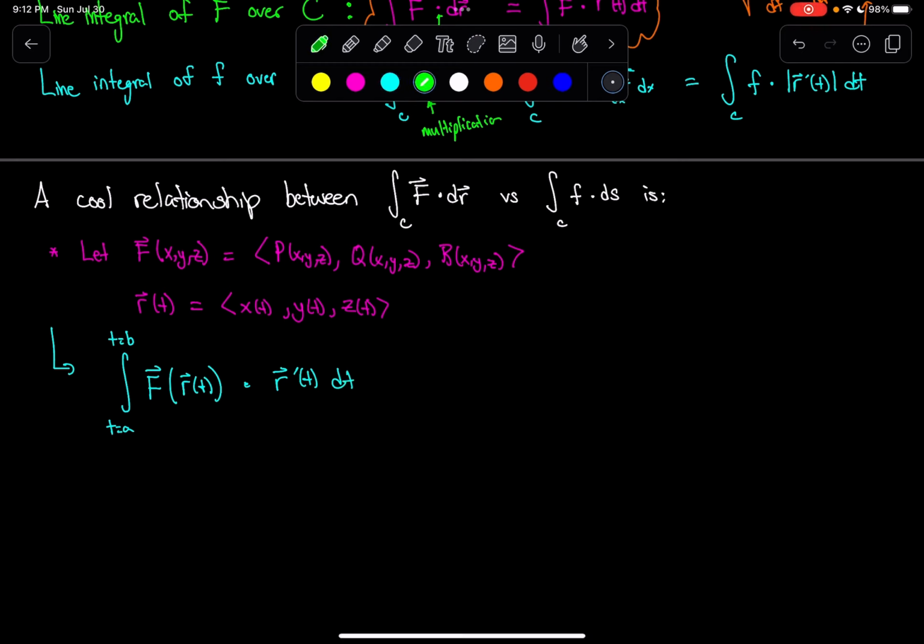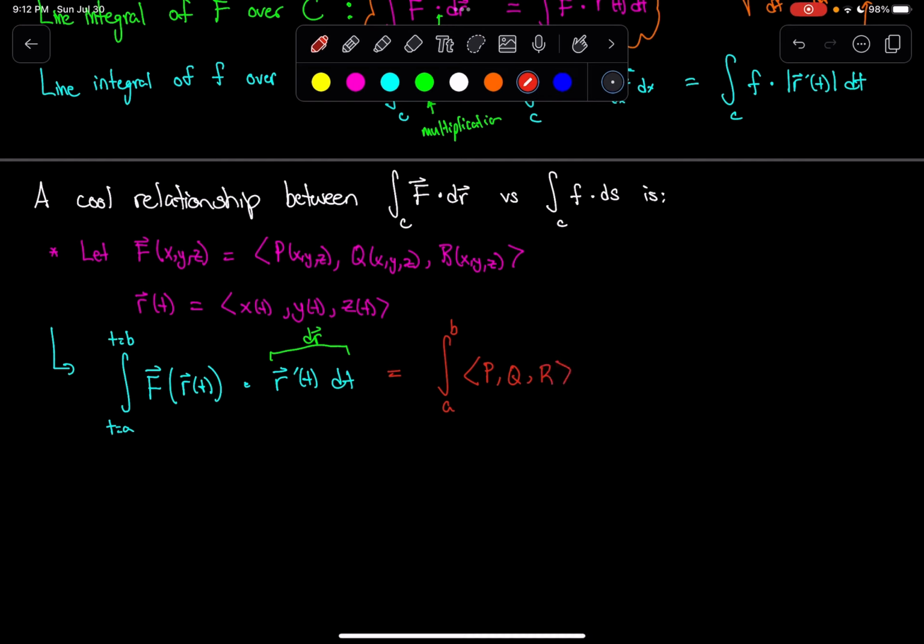And again, this right here is our dr from earlier. So what does this end up looking like? Well, this is the integral from a to b of, what does our vector field look like? Our vector field is p, q, and r.